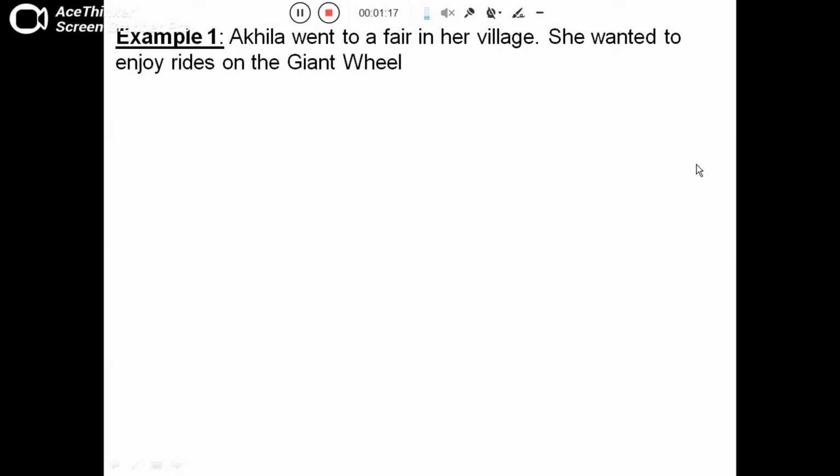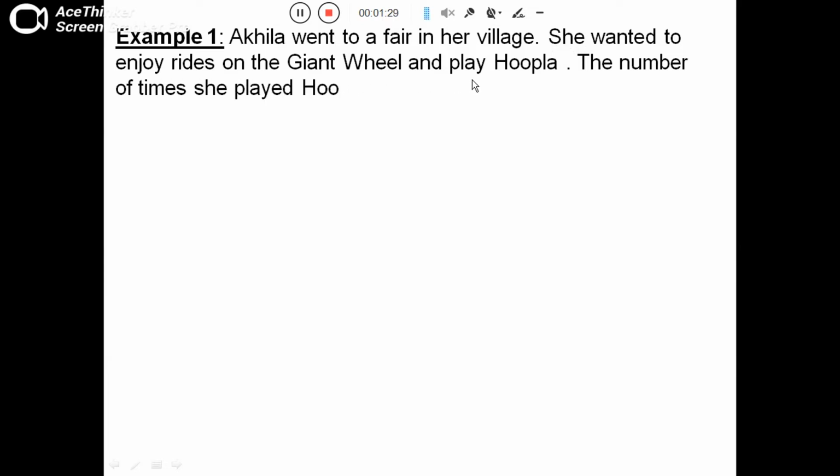Your question is: Akhila went to a fair in her village. She wanted to enjoy rides on the giant wheel and she wants to play hoopla also. The number of times she played hoopla is half of the number of rides she had on the giant wheel.